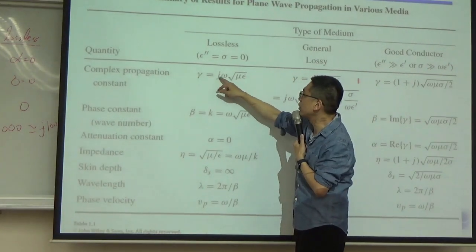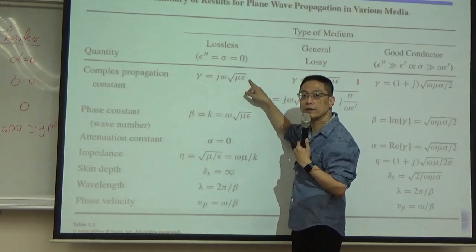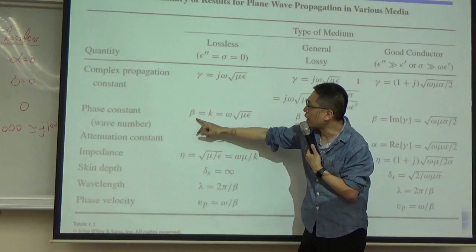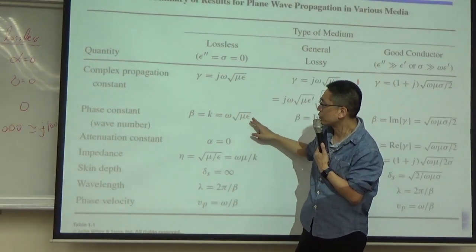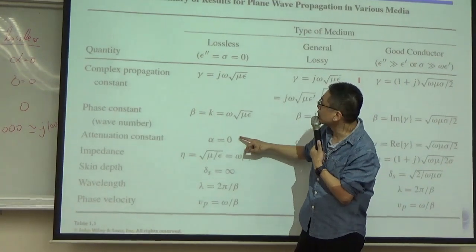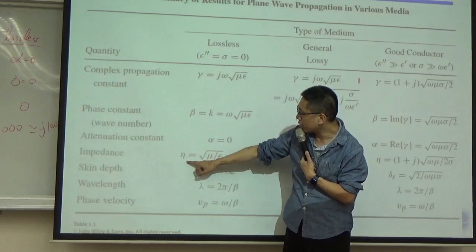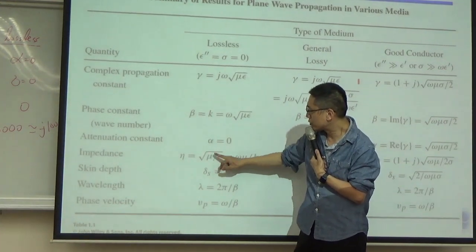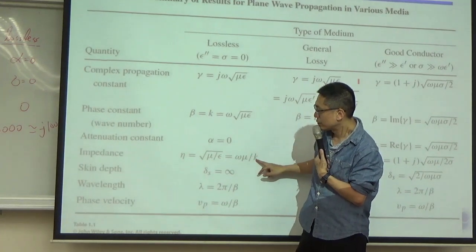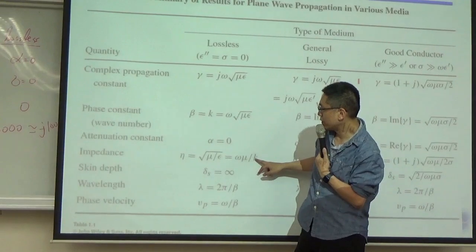So it is j times omega square root of mu epsilon. Okay? And your beta, it is k, it is omega multiply square root of mu epsilon. Alpha equals 0, and your eta impedance is what we used in your quiz number 3 to find out your edge, right? This is where it is.